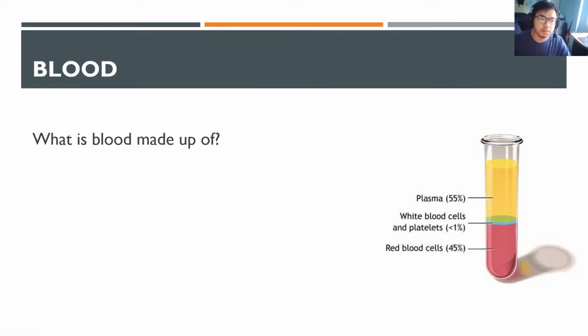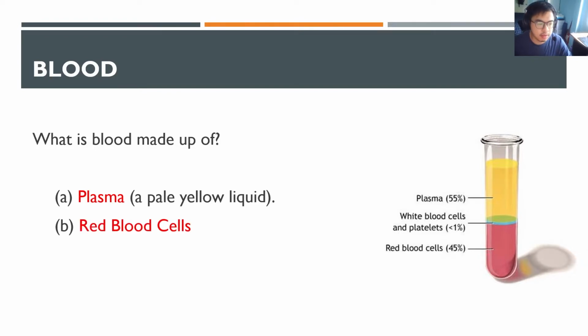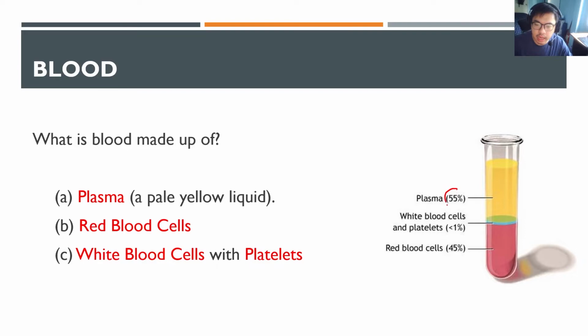So the blood is made out of three things. First is plasma, which is basically a pale yellow liquid. The red blood cells themselves, and also the white blood cells with platelets. Most of the blood is made out of plasma and red blood cells. The white blood cells are only a small part of the blood.